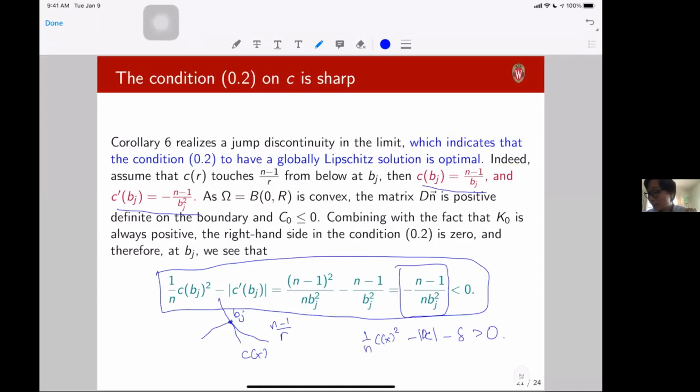But if I let bj go to infinity, this is approaching 0. So we are violating it just a little bit by putting something tiny near 0, but still in the limit the solution is discontinuous. That means that u is not globally Lipschitz.